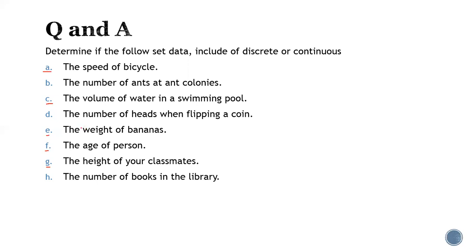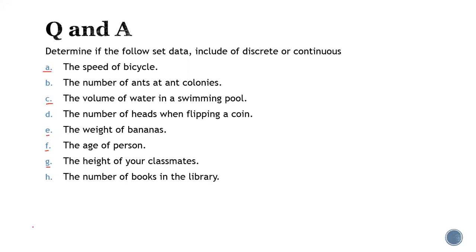Okay, so I think this is clear regarding the understanding of the difference between discrete random variables and continuous random variables, between discrete variables and continuous variables. Discrete variables we got through counting, but continuous variables we got through measurements.